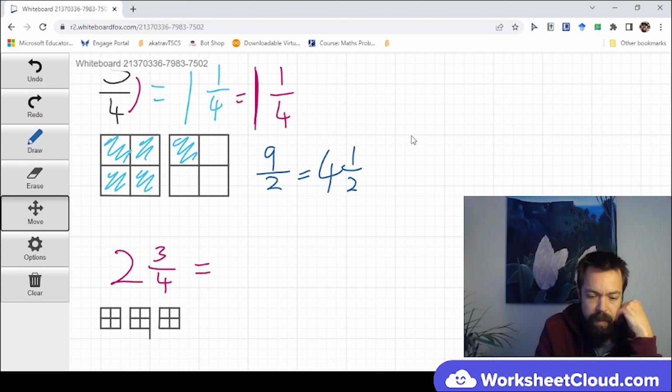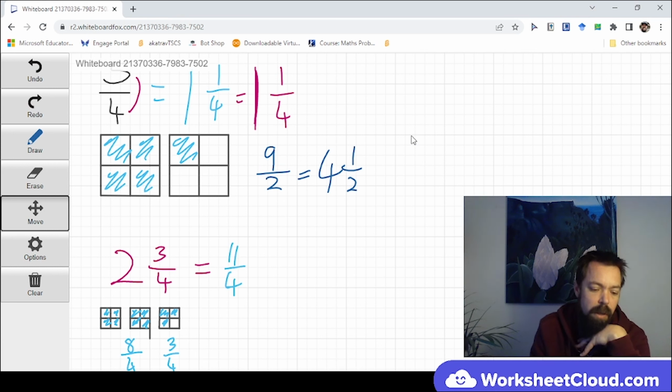Okay, so I have 2 full ones, which is 8/4 in total, and I have 1, 2, 3, so 3/4. And if I look, that's a total of 11/4. Again, not difficult to understand, but if you're looking at bigger numbers, that's a lot to sit and draw.